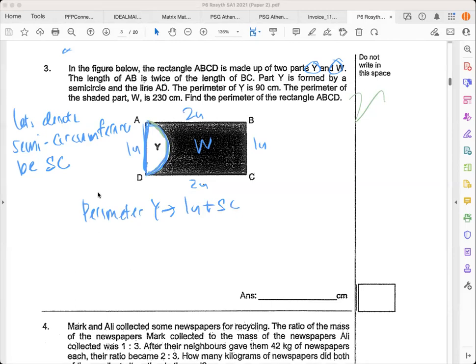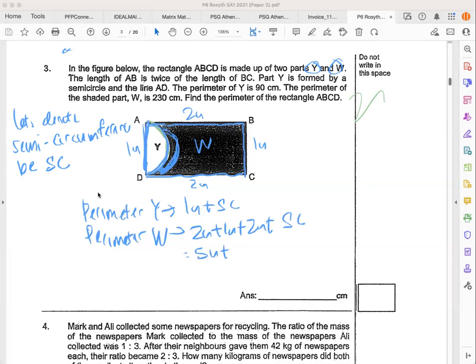Okay. The perimeter of W will consist of 2U plus 1U plus 2U plus SC. So which is equal to 5U plus SC.